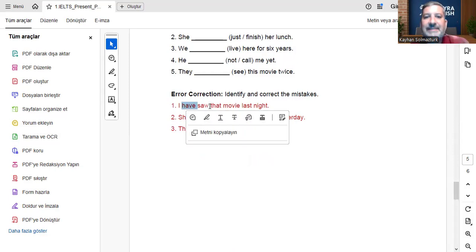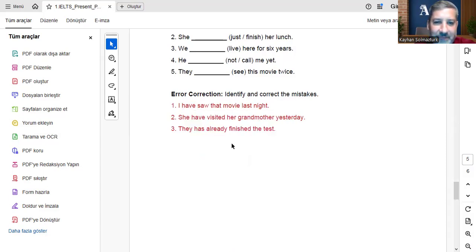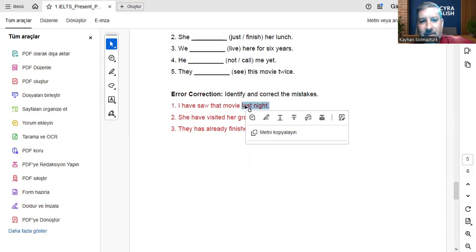So I saw that movie last night. Very good. Because it's about a specific point. Remember what I told you a few minutes ago in this video: for specific times, when you want to emphasize the time, we use verb two, the simple past.